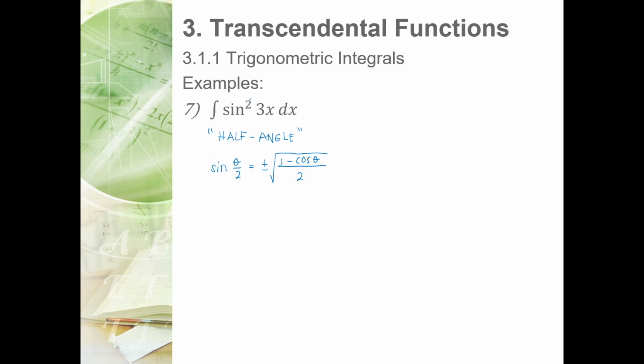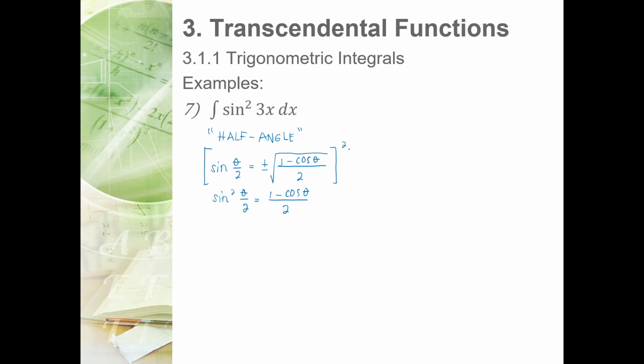So again, to achieve the squared function in a given equation, we need to square everything. So you have sine squared theta over 2 is equivalent to 1 minus cosine theta all over 2.